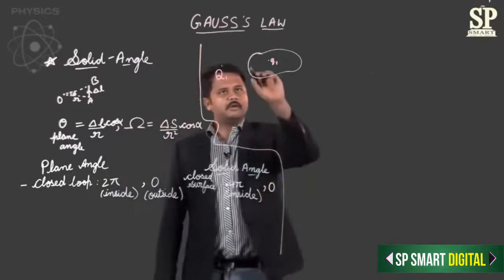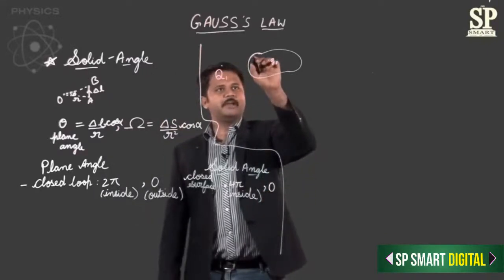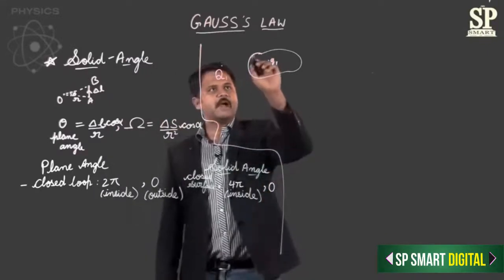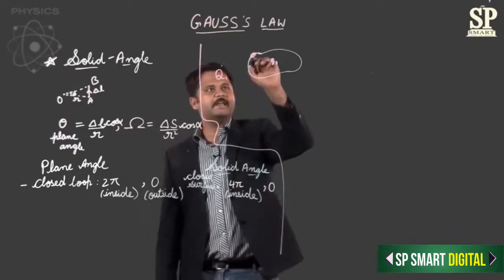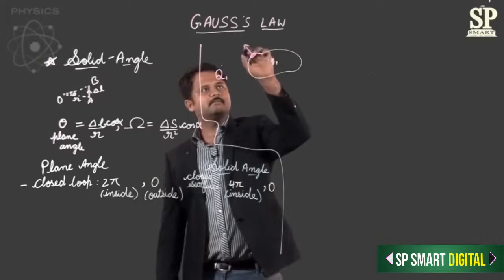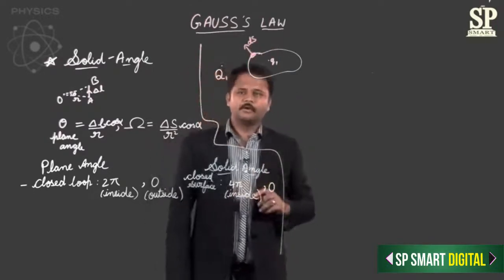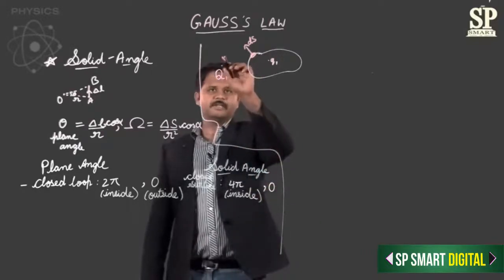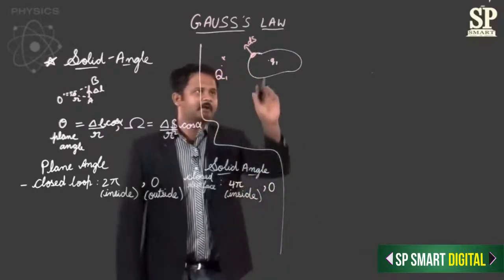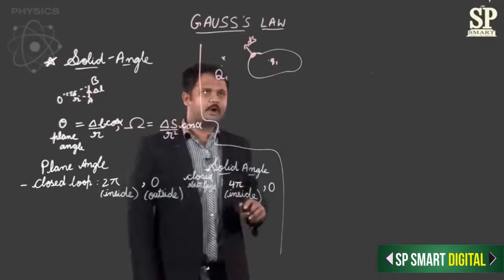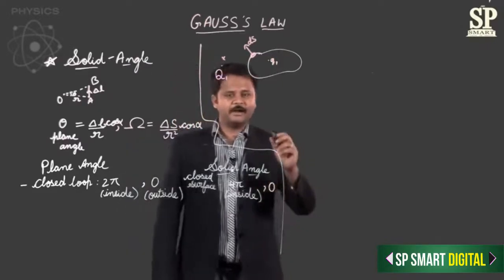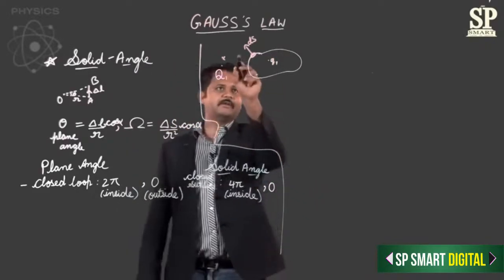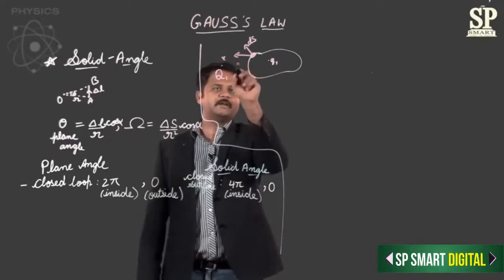Now, let's take any particular point in this surface, and around it, let's consider a differential area ds. Right now, we will not consider the inside charge, we will consider it later. Let's say there is only this charge Q1, and it will have some electric field. The direction of the electric field is something like this.